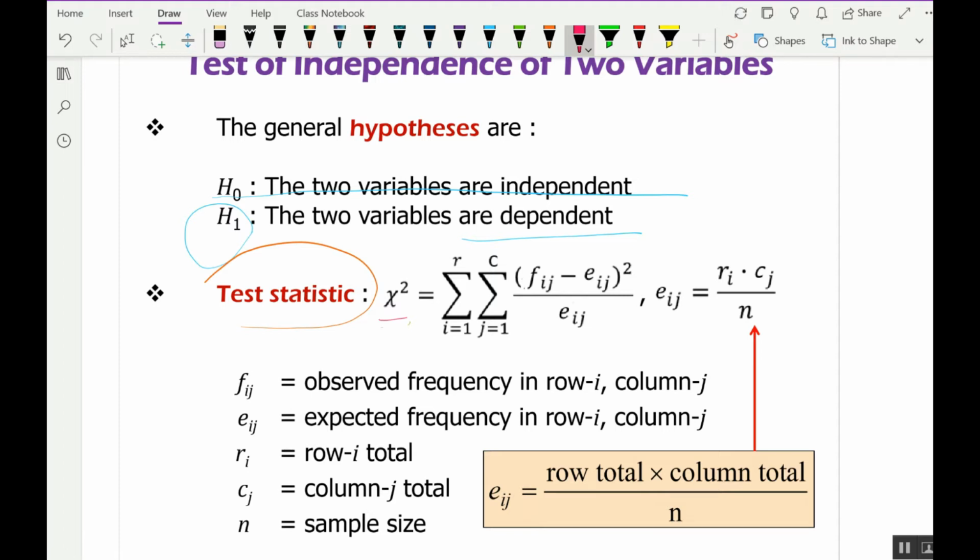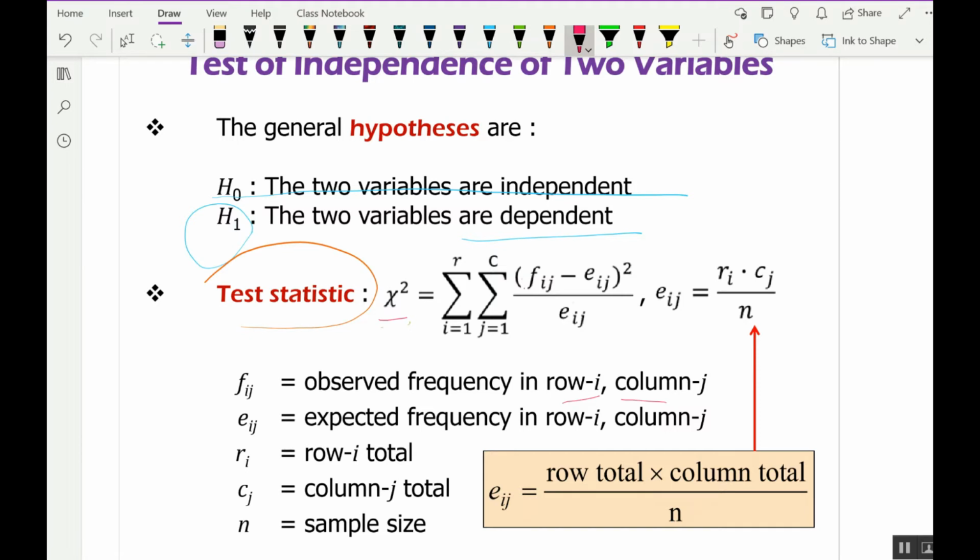What does all of this notation involve? We can see here Fij is the observed frequency in row I, column J. Like I said to you, the contingency table will involve the variables that will be in the row and also in the column.